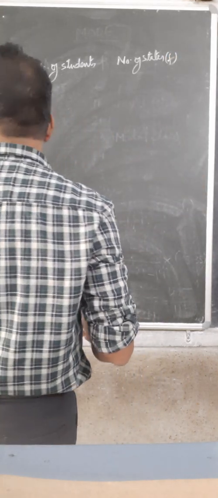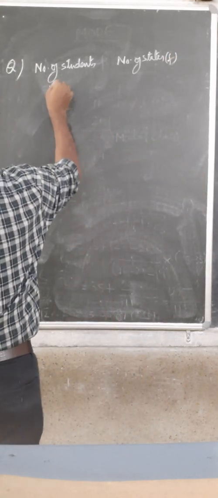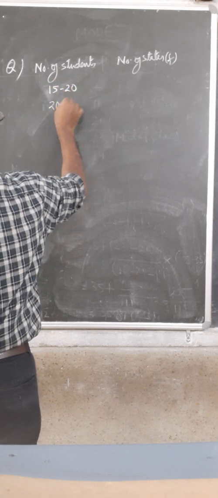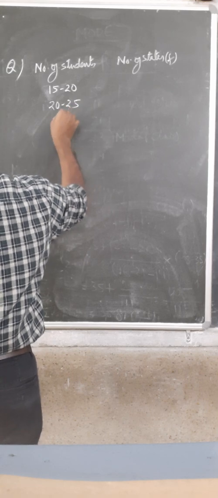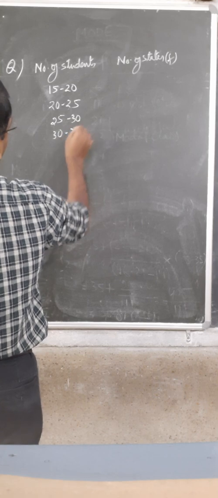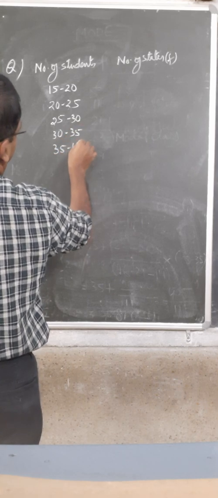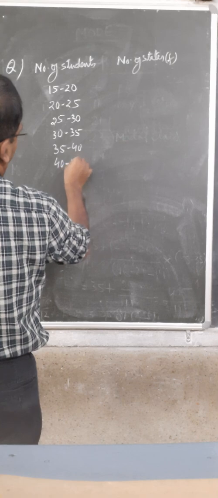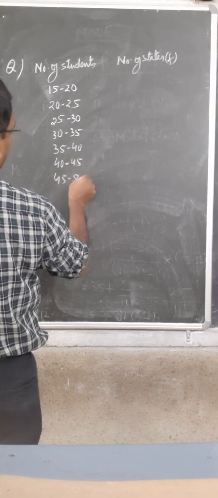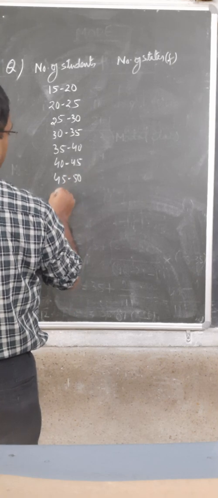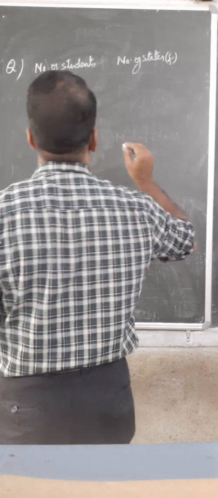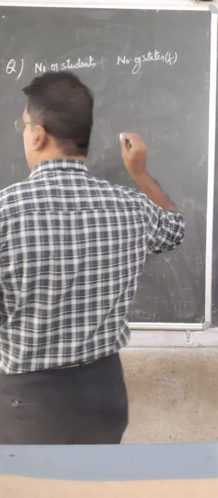Now, number of students: 15 to 20, 20 to 25, 25 to 30, 30 to 35, 35 to 40, 40 to 45, 45 to 50, 50 to 55.